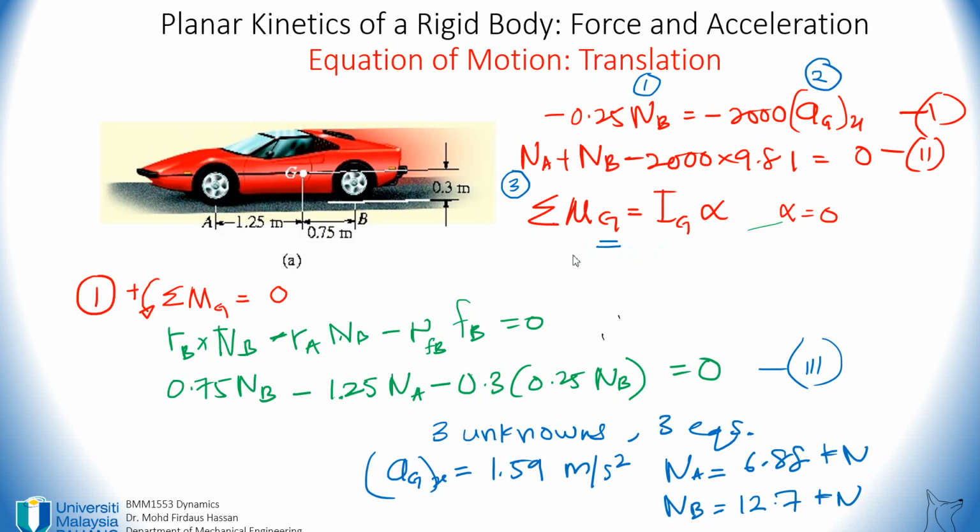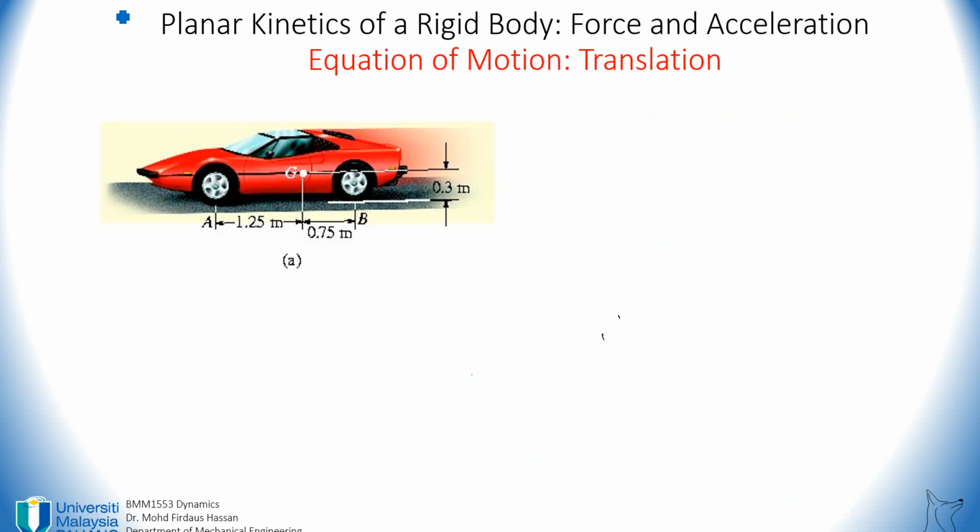As we discussed before, we can take any point on these figures, on this car, to be used as a point of moments, where we calculate the moment. We can take, for example, summation of moment at A is equal to what?